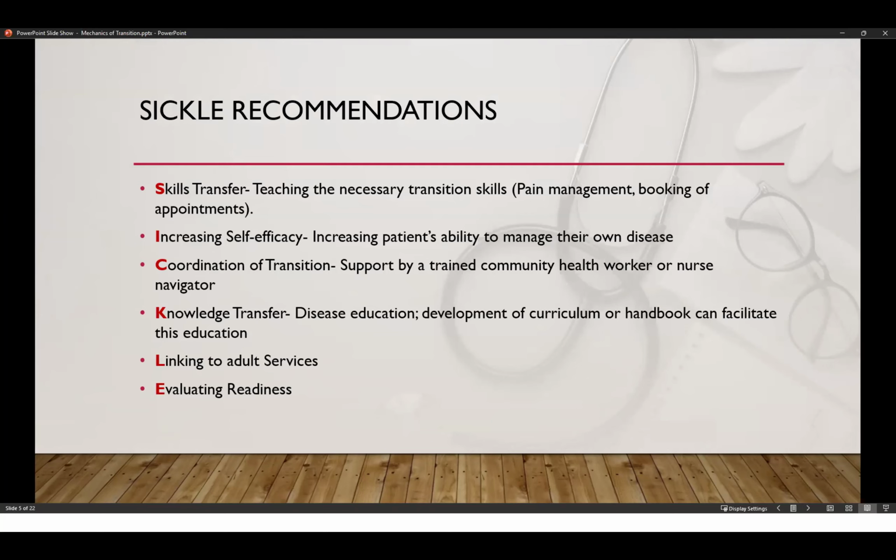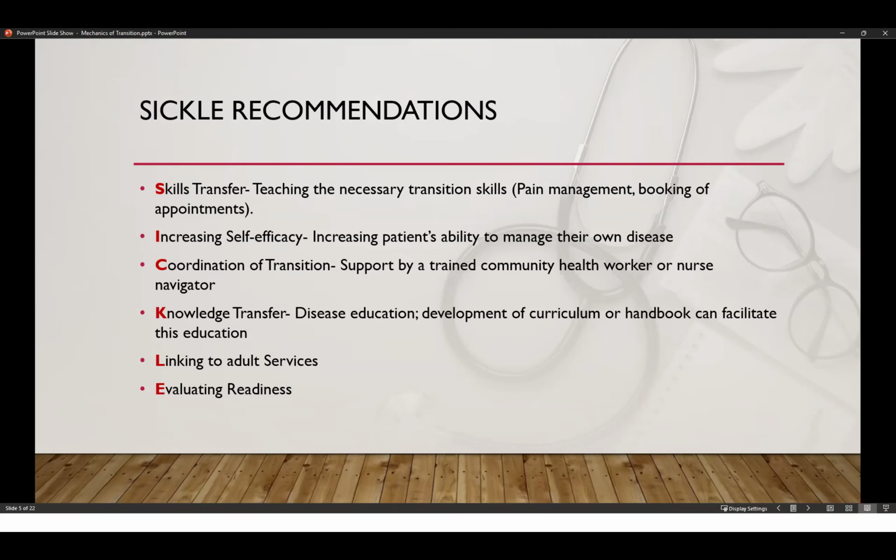After you've done this teaching, you have to increase the patient's ability to manage their own disease. With all this, you need some help. How do we do this? We have to coordinate the transition. This is supported by trained community health persons or nurse navigators to help with all this teaching and the building of self-efficacy.